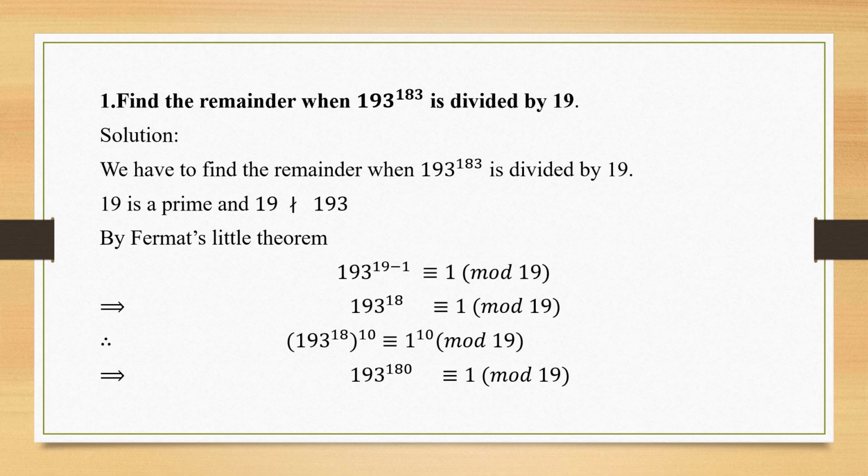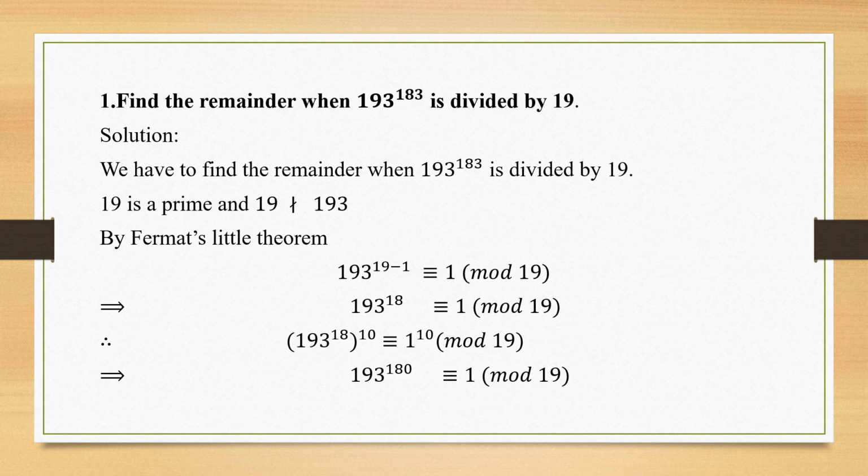We have to find the remainder when 193 raised to the power of 183 is divided by 19. You should also check whether this 19 divides the given number 193. So 19 does not divide 193.